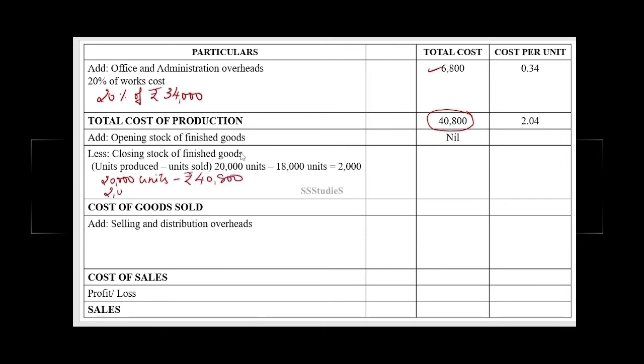So for 2,000 units, what would be the cost of production? 2,000 into 40,800 divided by 20,000, we will get the cost of production of these 2,000 units that are there in closing stock. That comes to 4,080. So 4,080 divided by 2,000 will be 2.04.